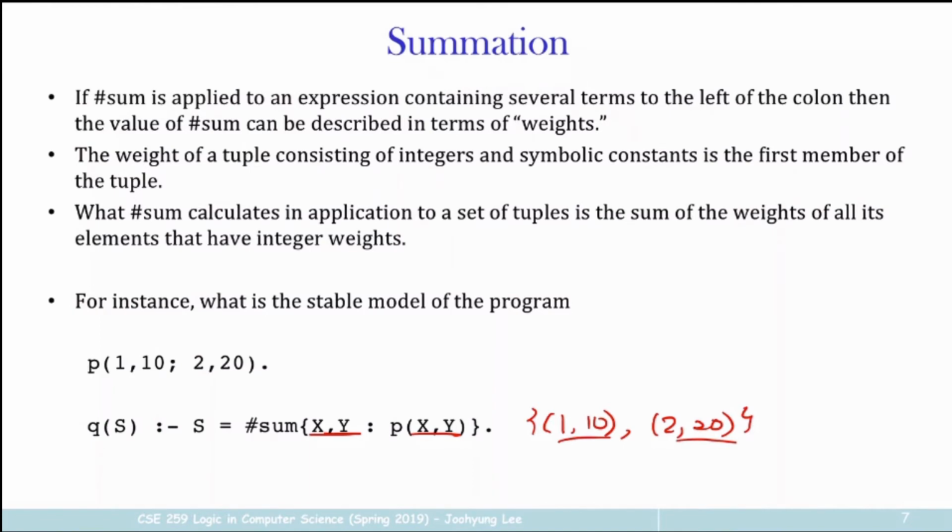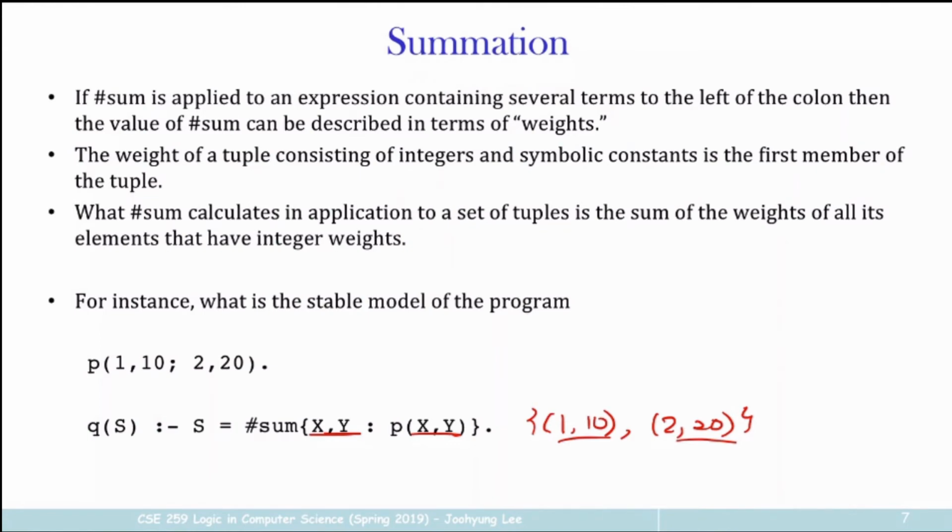But this time we are summing over the elements. But which one do we sum over? There are 4 numbers here. Are we summing over the first? Are we summing over the second? Or are we summing over all of these? What Clingo follows is, for each pair, we are summing over only the first element.